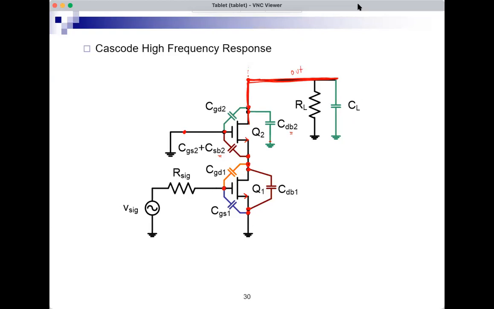CGD2 is from the same node to ground also. This is ground here at the gate of Q2. CDB2 is also from the same node to ground. So the three green capacitors, I can combine them, I can add them, and they become just one green capacitor between the output and ground. So instead of three, I would have only one.